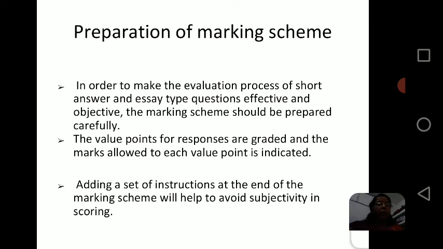The value points for responses are graded and the marks allowed to each value point are indicated. Adding a set of instructions at the end of the marking scheme will help to avoid subjectivity in scoring.